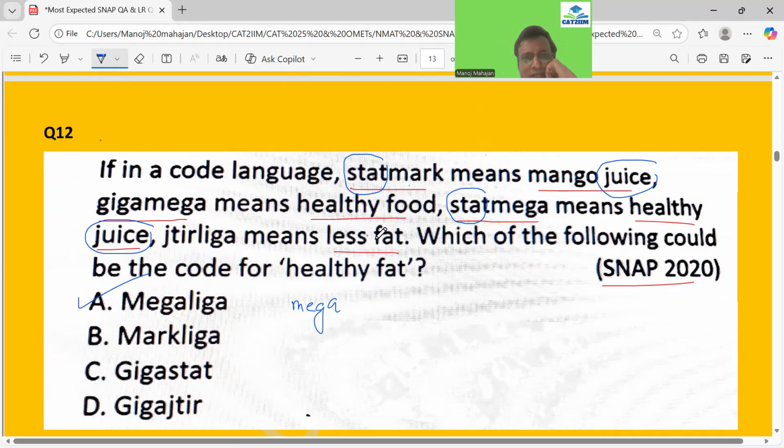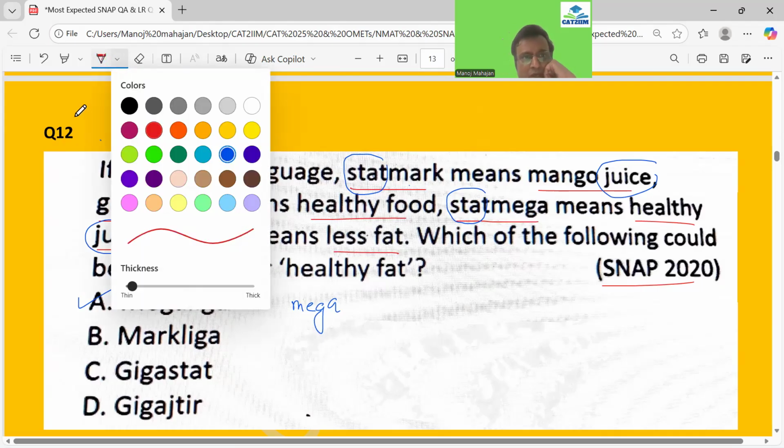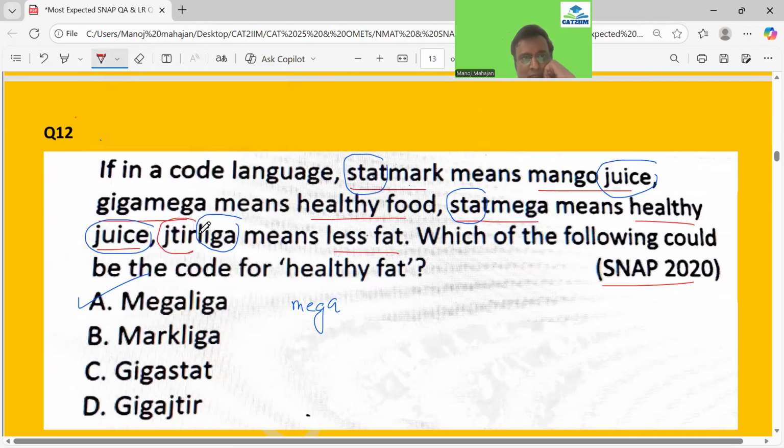So what we can say is that the fat code could be either Liga or it could be jitter also, because we do not have any other sentence to compare. Which of the following could be, they are asking. So yes, one of the possibilities is mega Liga. Otherwise, the fat code could be jitter also because we do not have more statements to compare.